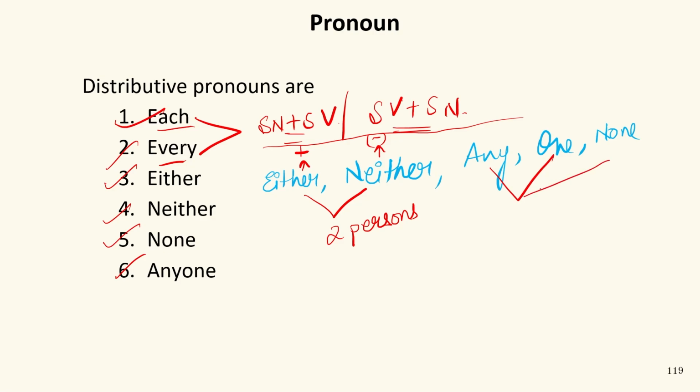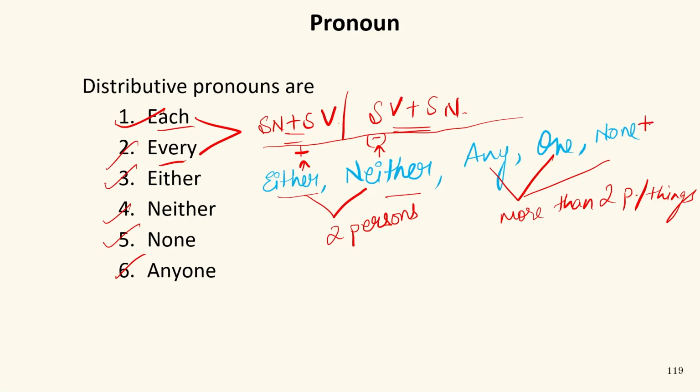Now, any, one, and none are used in case of more than two persons or things. When we have only two options, we use either or neither, either in positive sense and neither in negative sense.